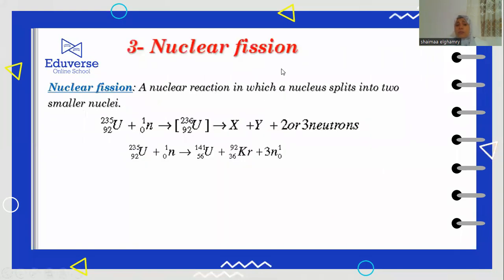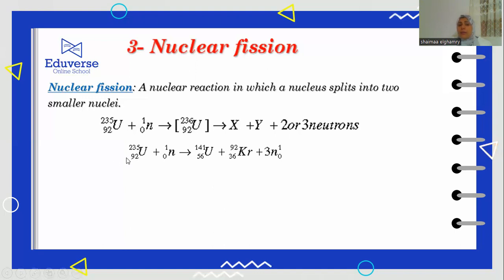The nuclear fission, the last nuclear reaction in which the nucleus is split into 2 small nuclei. So uranium, when projectile with neutron, give us X and Y. This X may be barium or krypton, X and Y, with 2 or 3 neutron.